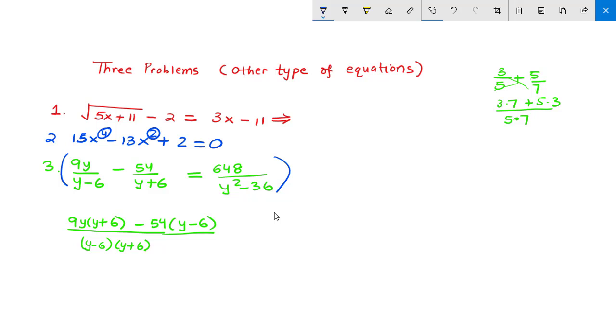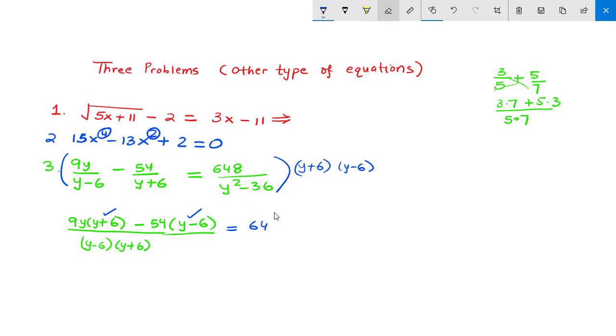So y plus 6 and y minus 6. So they multiply both sides by y plus 6 and y minus 6. And so first of all they cancel y minus 6, so that's why you're left with y plus 6. Then they cancel y plus 6, you're left with y minus 6. And on the right side they cancel all of y squared minus 36, which is fine too.